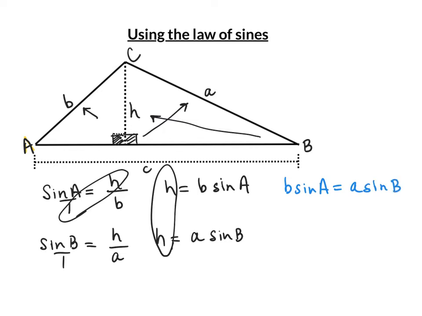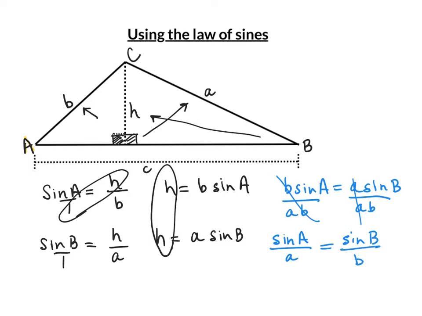And this is the law of sines, but to make this friendlier, we'll take both sides and divide by little a and little b. Over here, the b's cancel, and here the a's cancel, and we see that the sine of angle A over little a, remember that's its opposite side, is equal to the sine of B over little b.